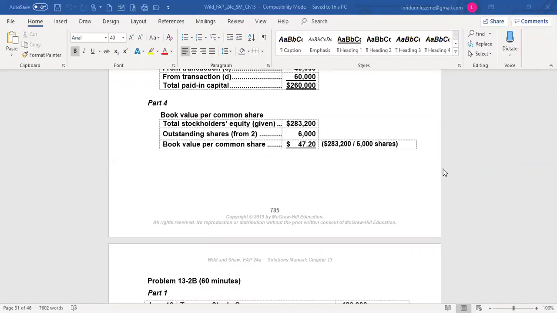What I encourage you to do is create T accounts for each of these, starting with beginning balances as indicated. I'm just grabbing a sheet of paper myself. I'm going to create a T account for common stock, and it will have a credit balance of $200,000.